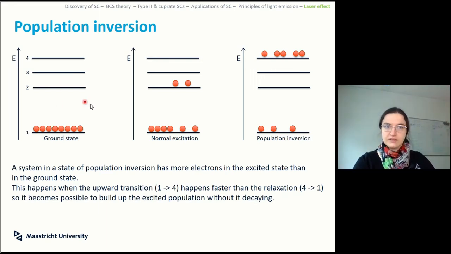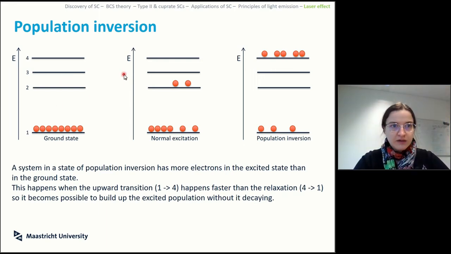You want multiple accessible ones, of which some are actually metastable. And you don't only want to excite and go down, and excite and go down. What you want to achieve is a population inversion.